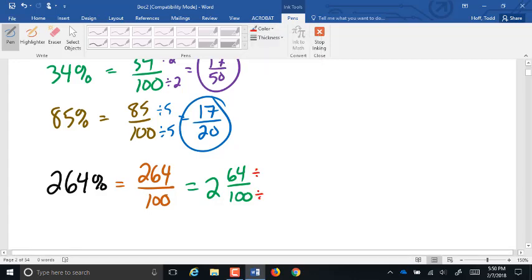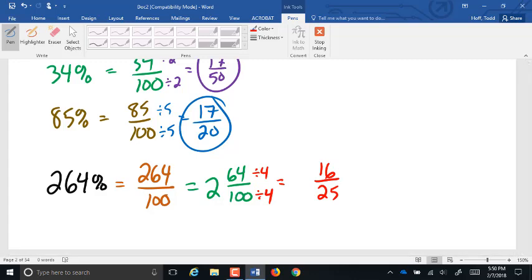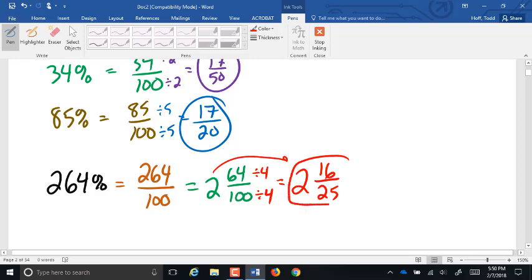Both of them can be divided by 2, but they could also be divided by 4. 64 divided by 4 is 16. 100 divided by 4 is 25. Am I done? Still got to bring that 2 over. A lot of people forget that when they're reducing them. So that becomes 2 and 16/25.